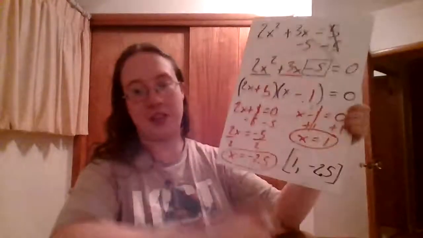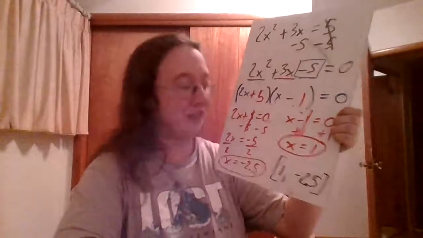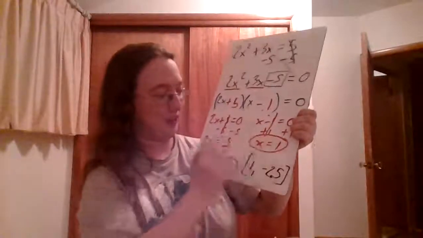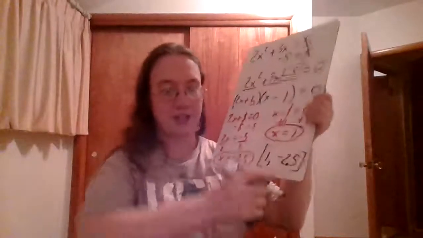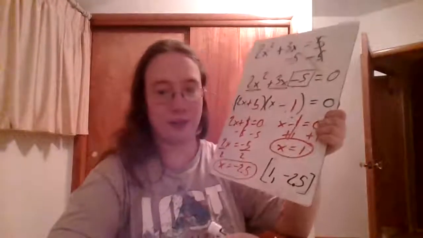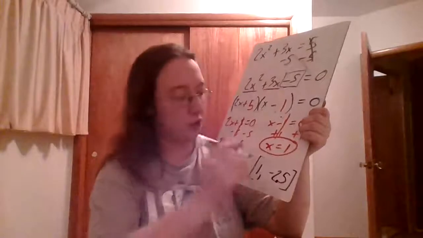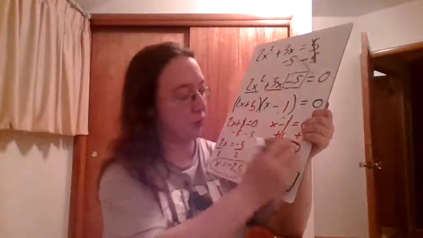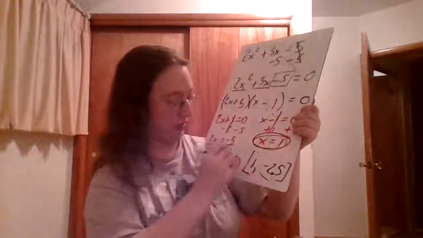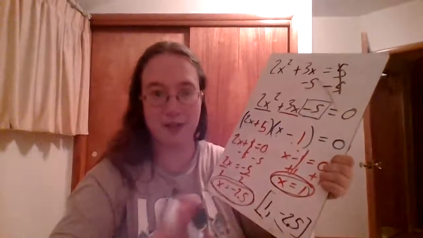So if you're looking at 47 going, what are all these numbers doing in brackets? That's just another way of writing this. No, you don't have to do that. Just a heads up that if you double check your answers in the back of the book and see something like this, that's what that is. Those are your two answers. This is your x equals 1. This is your x equals negative 2.5. That's all that is. So don't freak out because it's in brackets. That's just saying this is my set of numbers where this works.